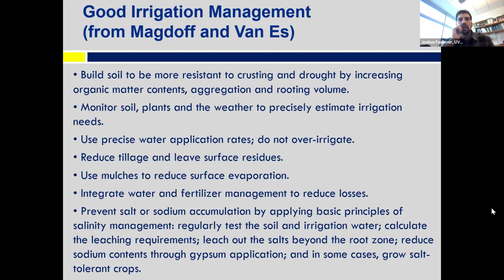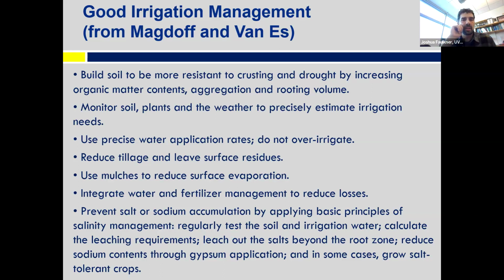Monitor soil, plants, and the weather to precisely estimate irrigation needs. I will talk a little bit about monitoring approaches and technologies in my slides here. Using precise water application rates. Do not over irrigate. Over irrigating can have downsides. Reduce tillage and leave surface residues.